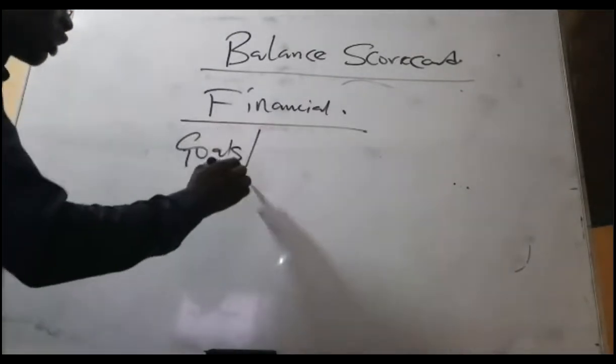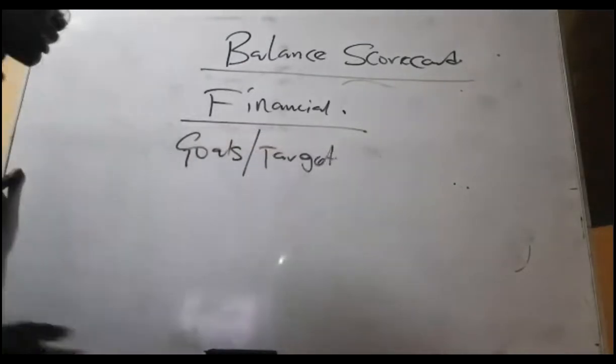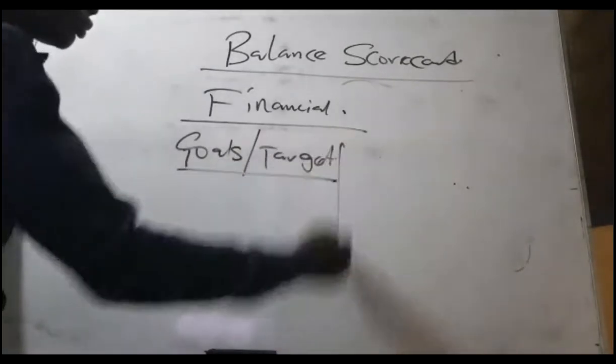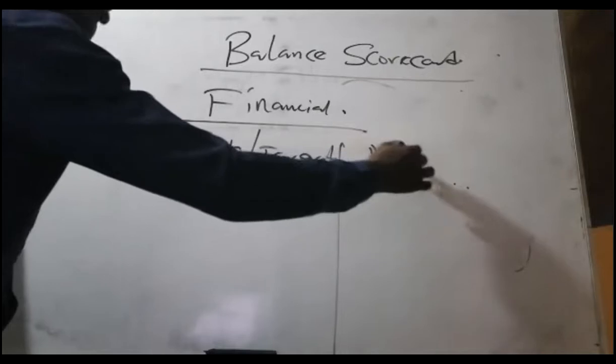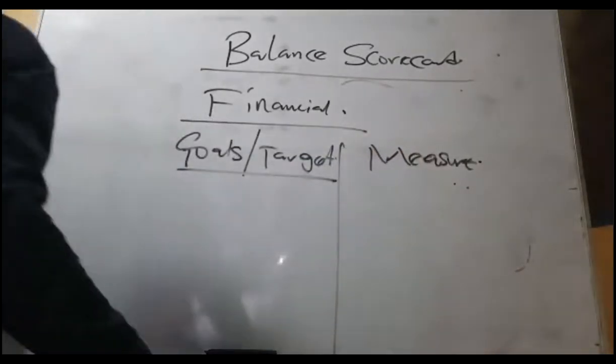Goals, slash targets, slash the objective, versus goal, one side. Then the measure. What are you going to use to measure that? Also one side.